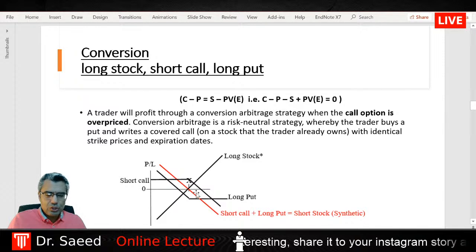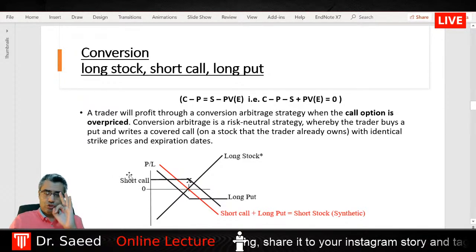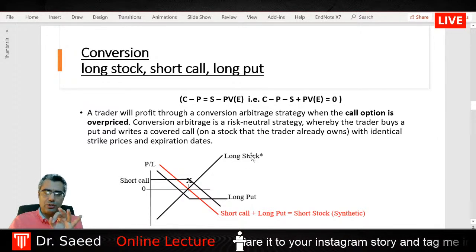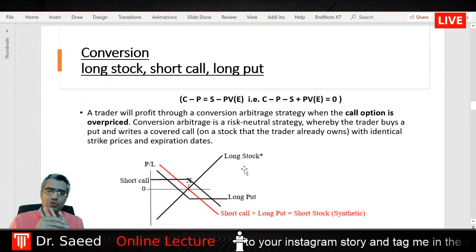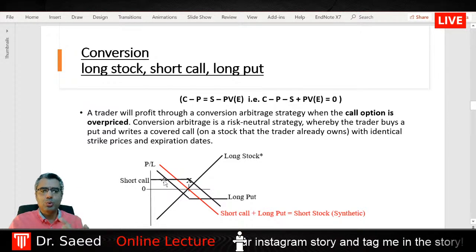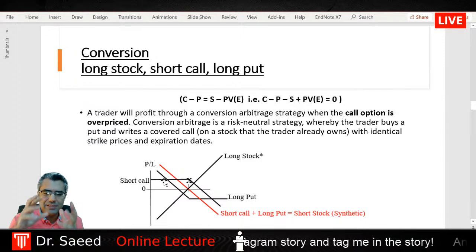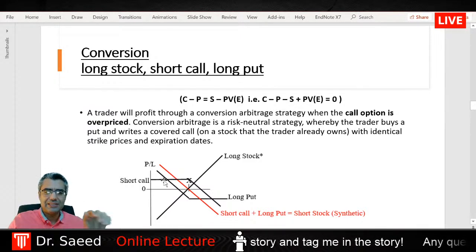So there are three positions: short call, long put, long stock. Now I want to prove that the outcome of these three is a flat line. So let's take two of them and find the overall outcome. Then that outcome, we add it to the third one to see whether we get a flat line.